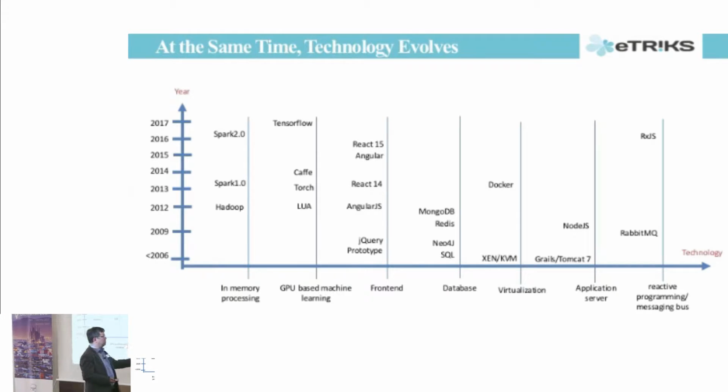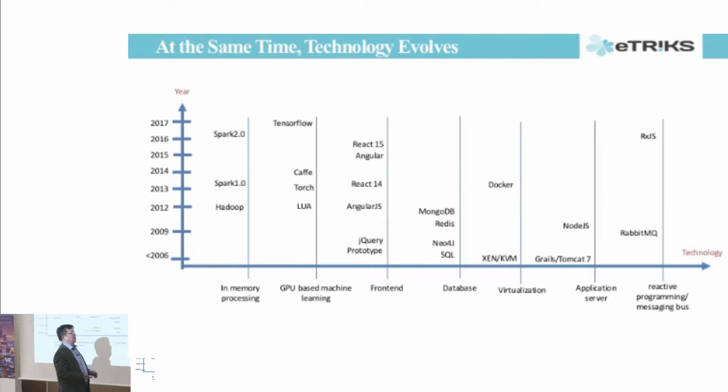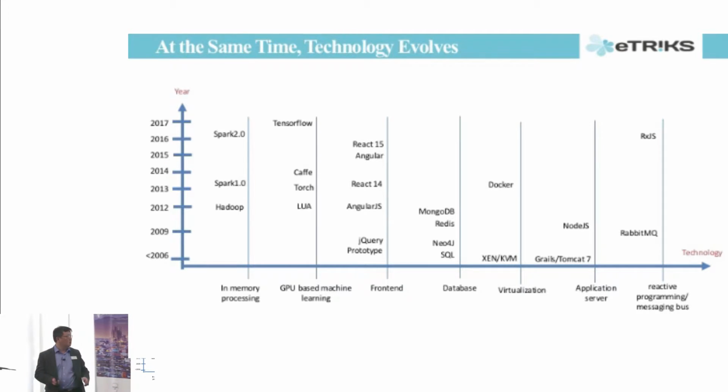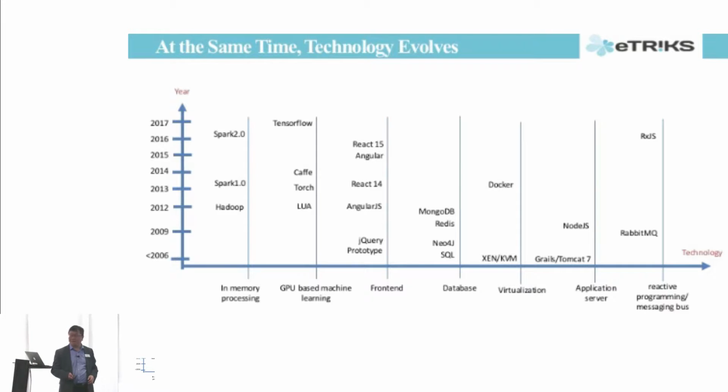And there are a lot of new things happening, from application server, to virtualization in Docker, probably now accepted as a very good way to do virtualization rather than the old-fashioned virtual machine. And message bus now allows reactive programming to make the interaction very easy.